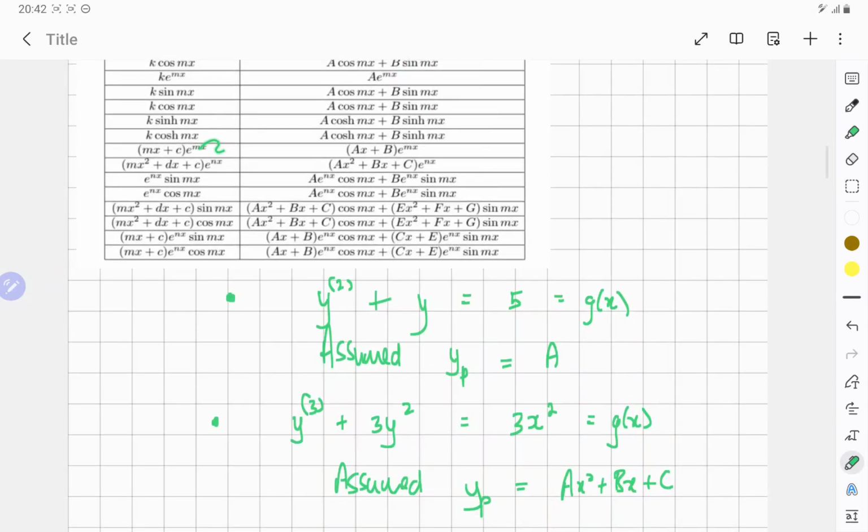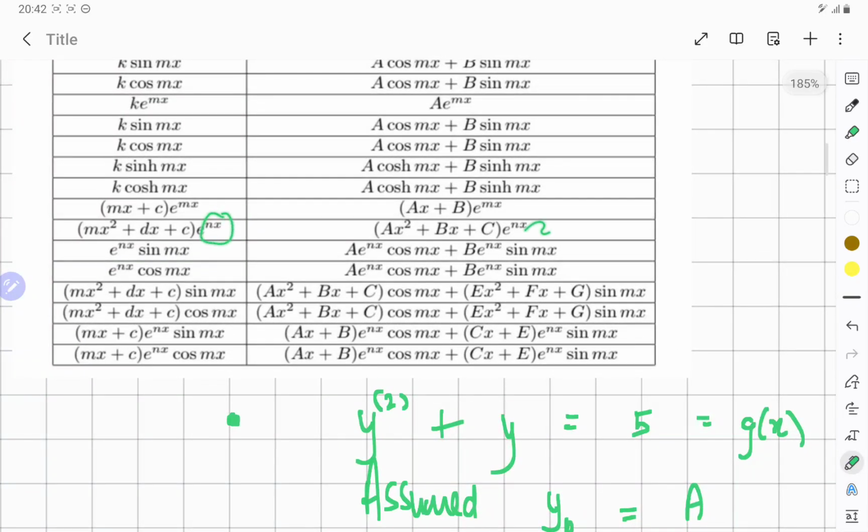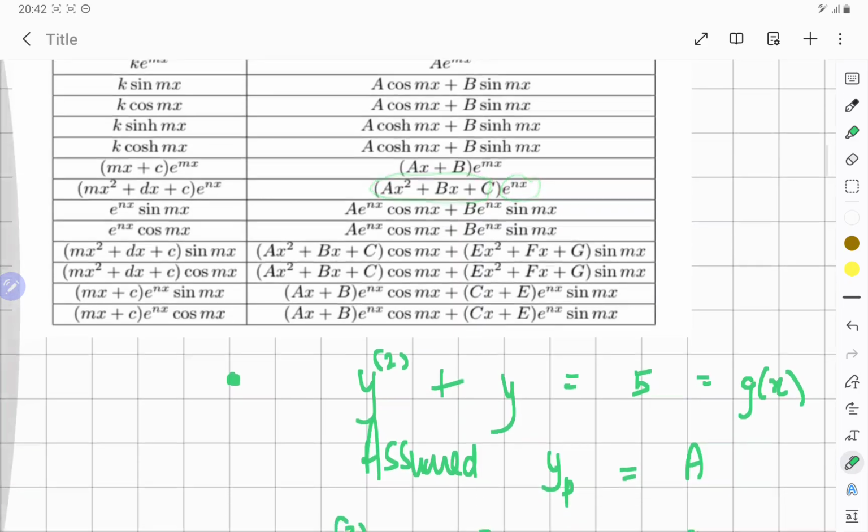If you now get a product, so I'm getting a product of a linear times e to the mx, my corresponding y particular will be linear times e to the mx. The same for a product of a quadratic times e to the nx will be a quadratic e to the nx.